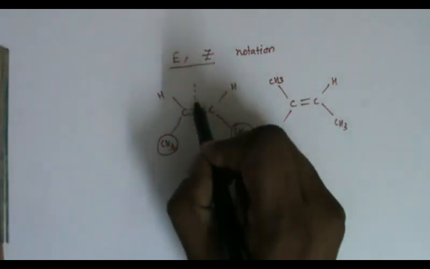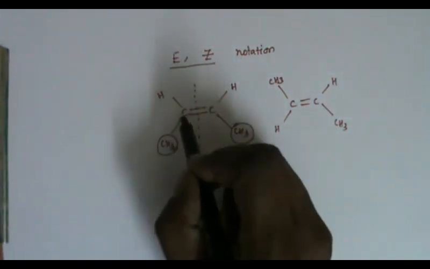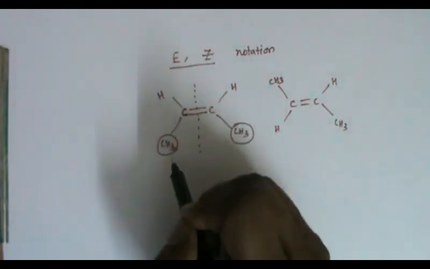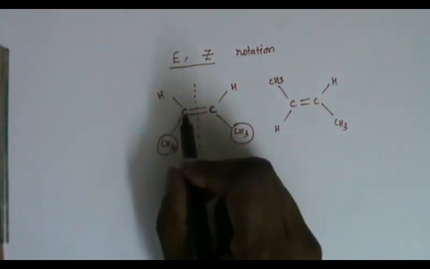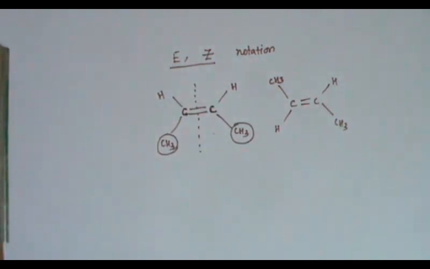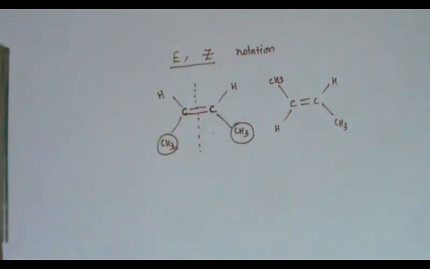First, you have to cut the double bond. You have to consider this carbon as one part and this carbon as another part. This carbon has two groups, only two groups, not four. You have to give priority to these two groups.